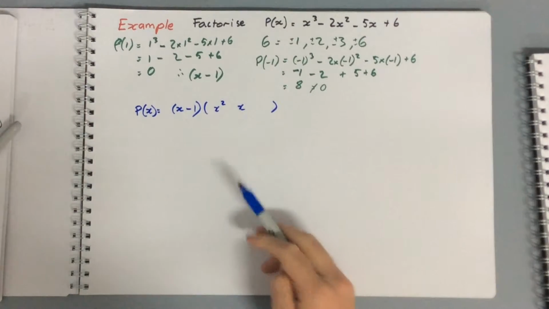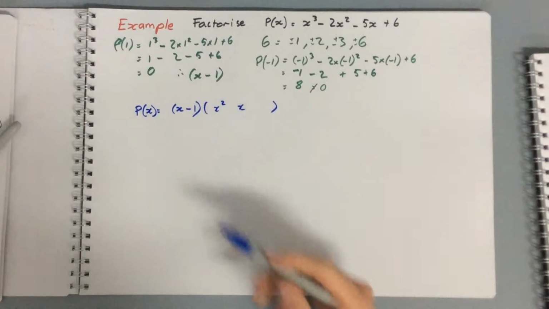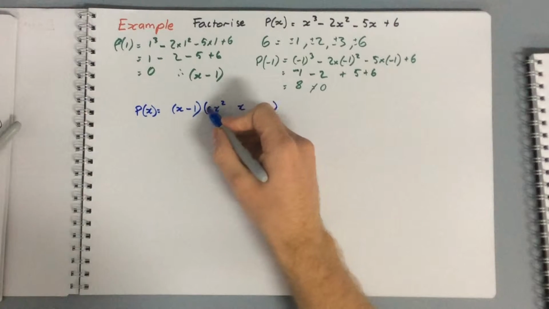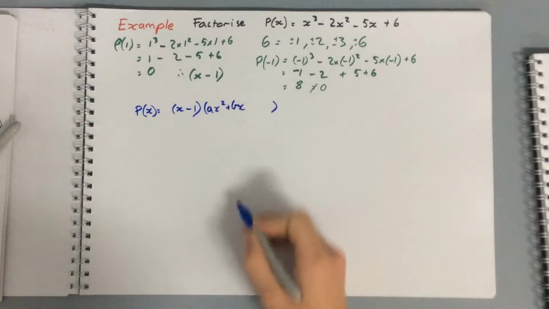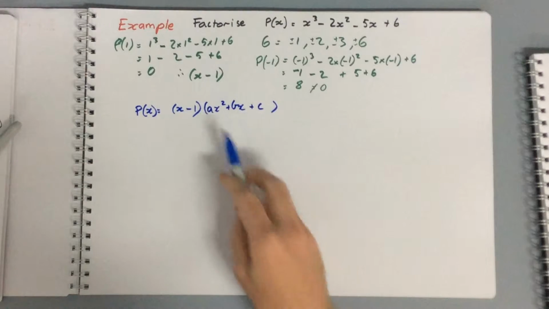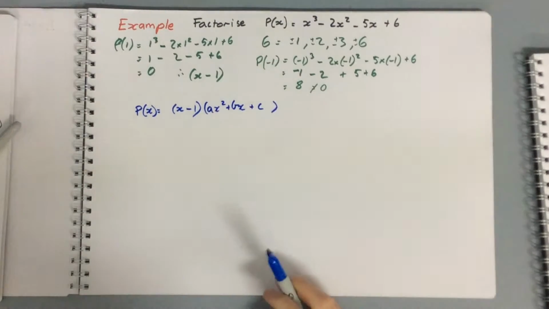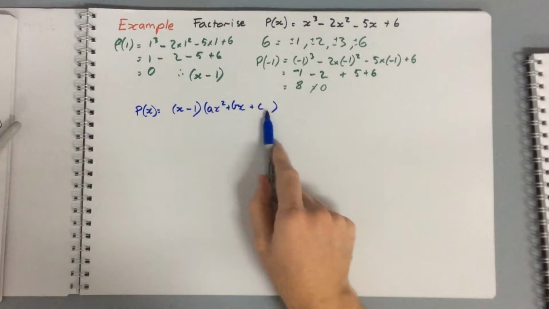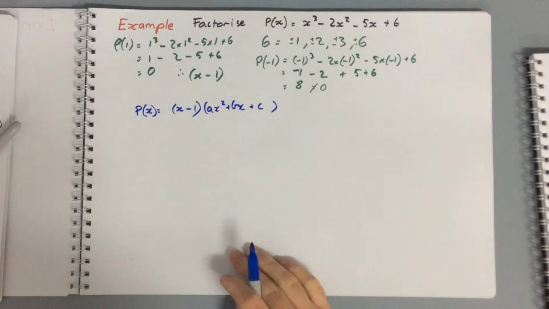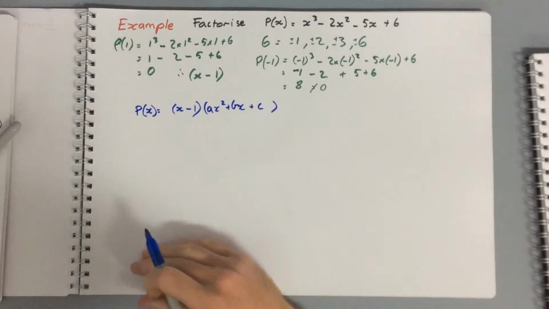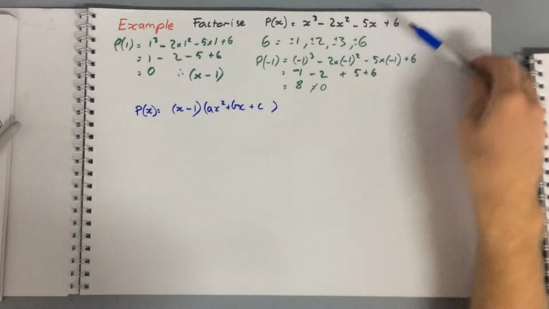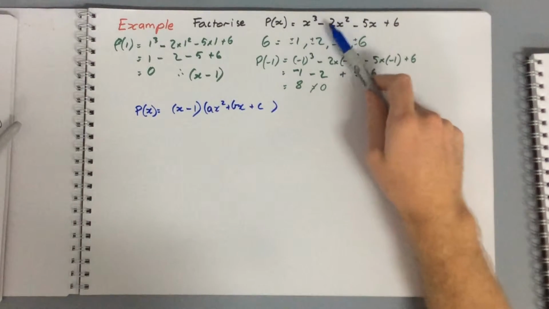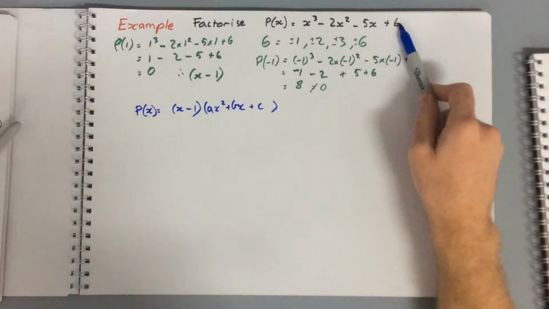Now if you remember what our a, b and c's are for the quadratic formula, we've got ax squared plus bx plus c. That's just the general equation for a quadratic. What we do next is try to find what these values are, a, b and c. So if you have a look back up at our polynomial, p of x is x cubed, take 2x squared, take 5x plus 6.